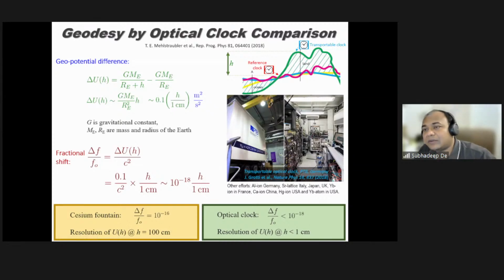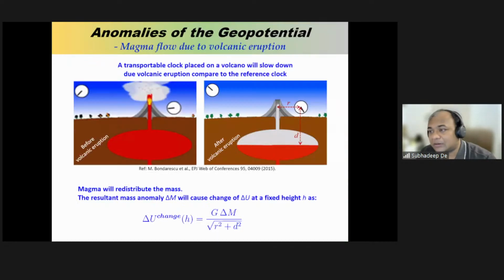What does that mean? If I keep two atomic clocks, one here at the bottom and the other above, separated by only 1 centimeter, and the clocks have an accuracy of 10 to the power minus 18, then the tick rates of these two clocks will be different. And by measuring these tick rates very accurately, I can measure this 1 centimeter difference. But now the clocks have reached an accuracy of 10 to the power minus 21 level.